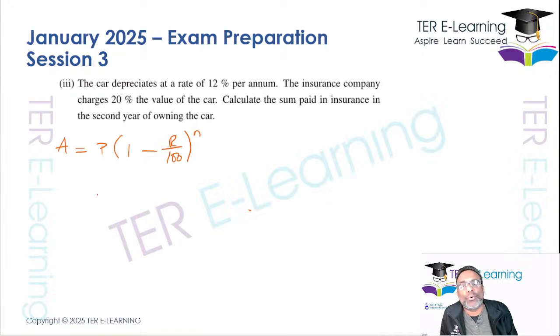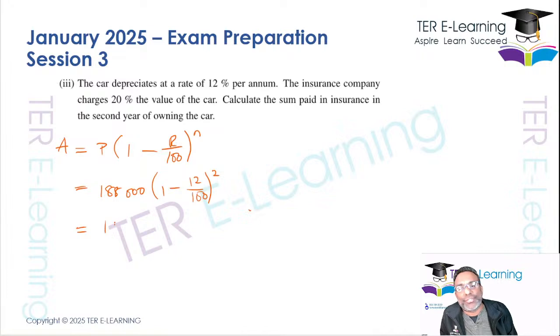So I'm going to work out the value of the car after 2 years. We start off, the value of the car initially was 188,000. And we have 1 minus the depreciation, which is 12%, so that's 12 over 100. You want to work it out for 2 years, so you put 2 as the power.